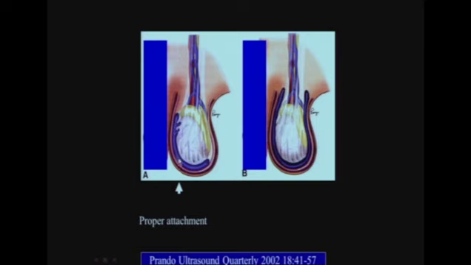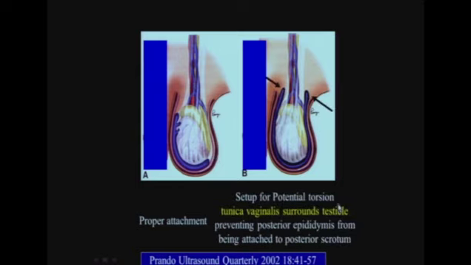does not completely surround the testicle, but allows the epididymis and a portion of the testicle to be naturally tacked to the scrotal wall, while some individuals are set up for potential torsion because they have a tunica vaginalis that surrounds the testicle, and it prevents the posterior epididymis from being attached to the posterior scrotum.